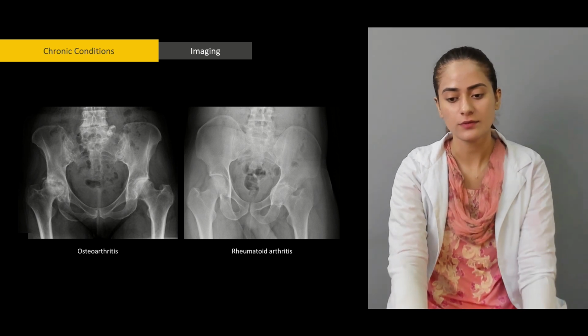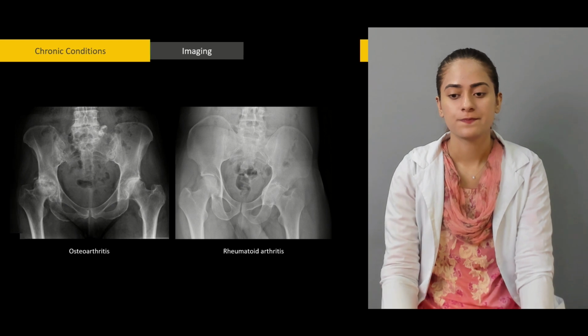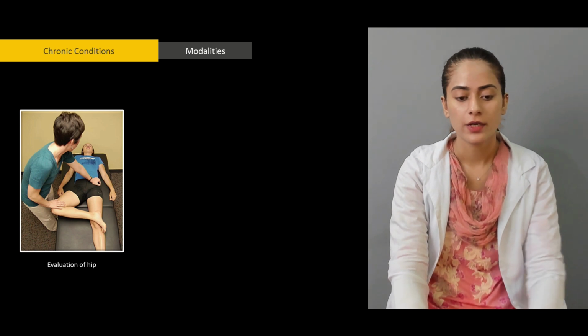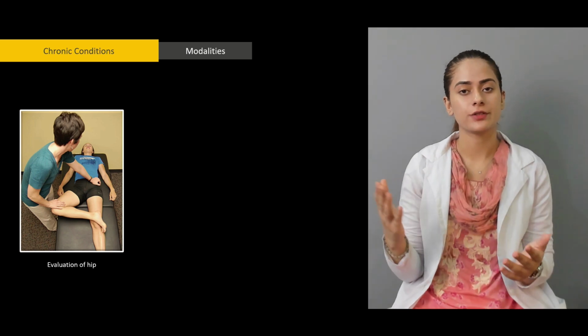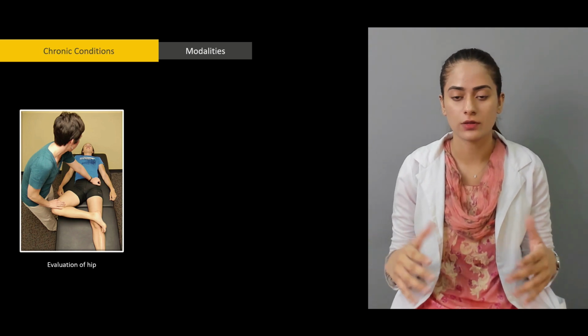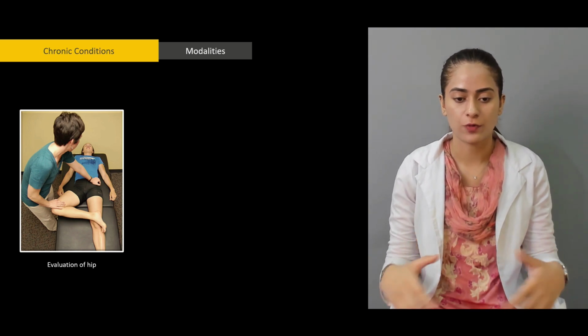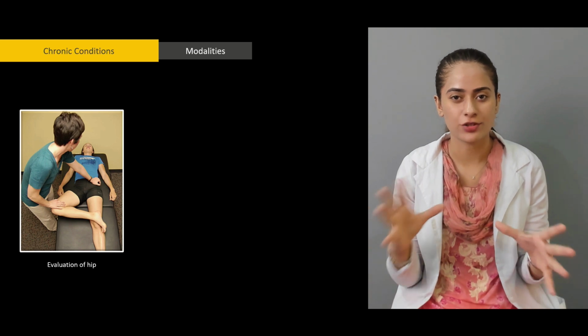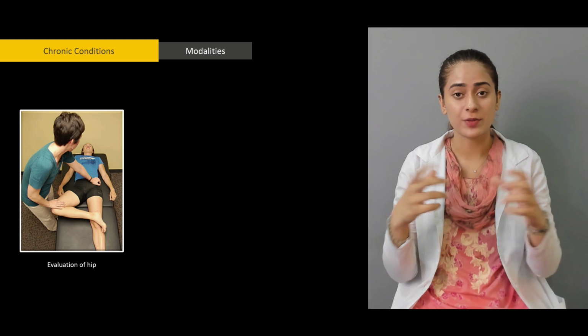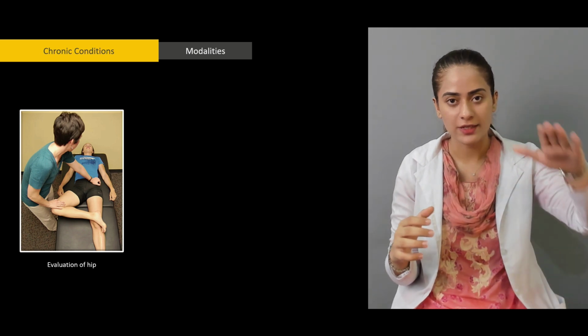Now we're going to talk about some of the views, right? To evaluate the hip, there are different types of physical examination or physical tests, which are performed to see if there is any degenerative change going on. So if there's any crepitation, you actually palpate the joint.